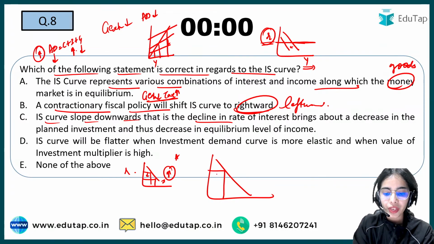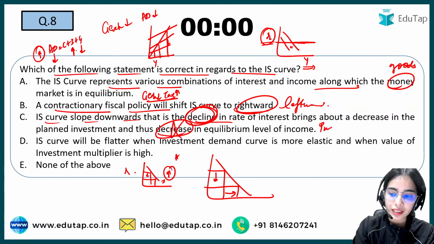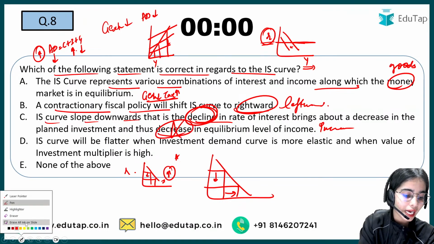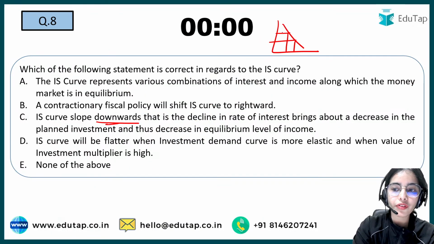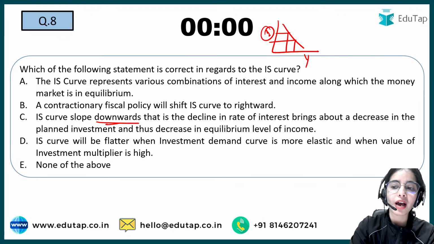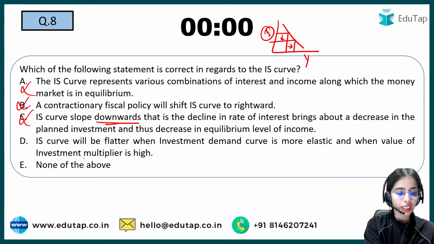That's why when the rate of interest is declining, the level of income is increasing. So remember this, the IS curve is downward sloping because the rate of interest and the level of income have an inverse relationship. If the rate of interest is declining, the level of income should increase. Okay, so this is not correct.